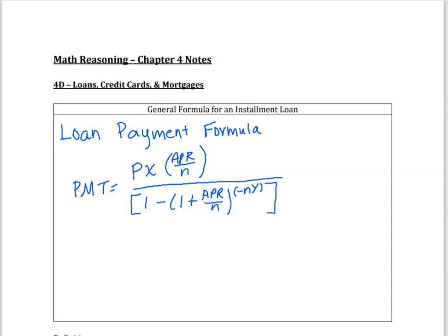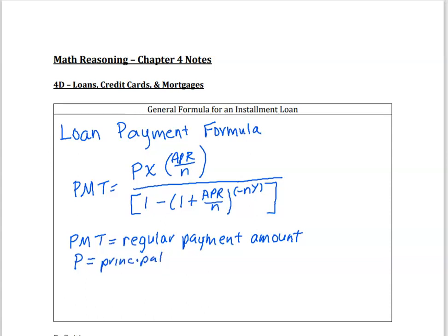So what does this stuff stand for? This is your regular payment amount. P is your principal, and we talked about that, that's just your starting balance, what you're taking out in the beginning.